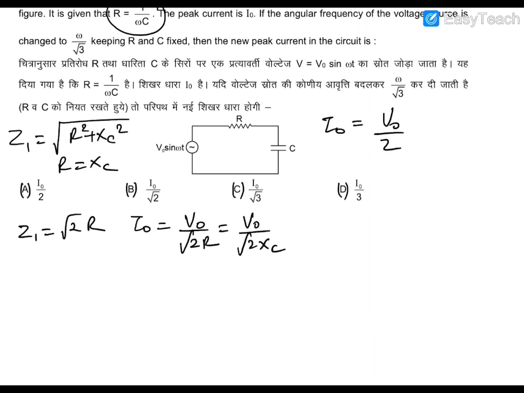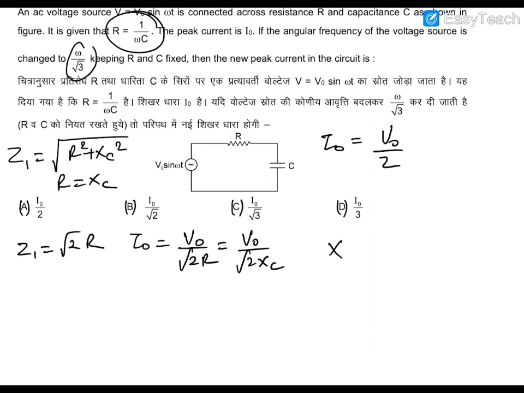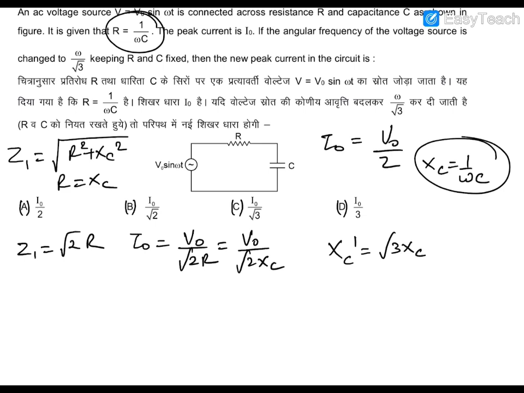But now when the frequency has been changed to omega by root 3, XC will also change, and as XC is inversely proportional to omega, if omega new is omega by root 3, then XC dash new will be root 3 times the old XC.